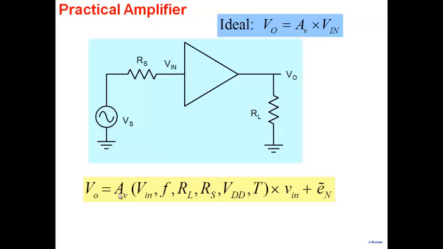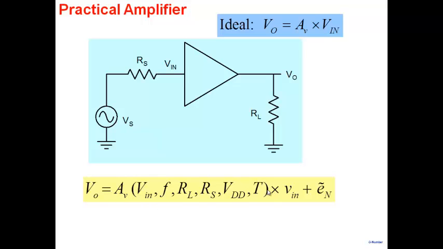The voltage gain, which was supposed to be a constant, depends on frequency, depends on what value of load resistance you connect, depends on what value of source resistance you connect here, what supply voltage you've applied, and what the temperature is. The relationship between V0 and Vin is often nonlinear, which means that AV is also a function of Vin.